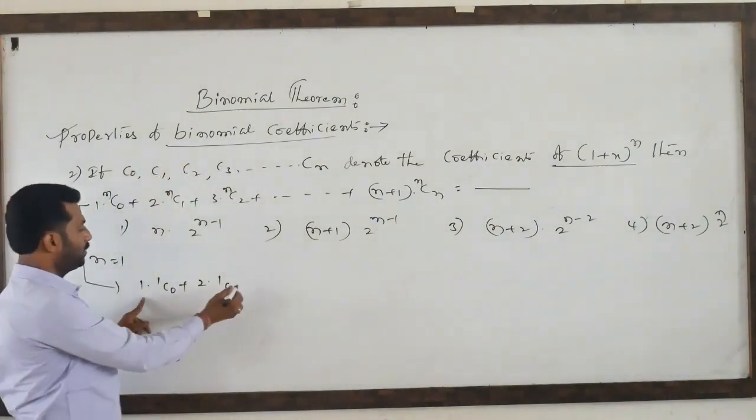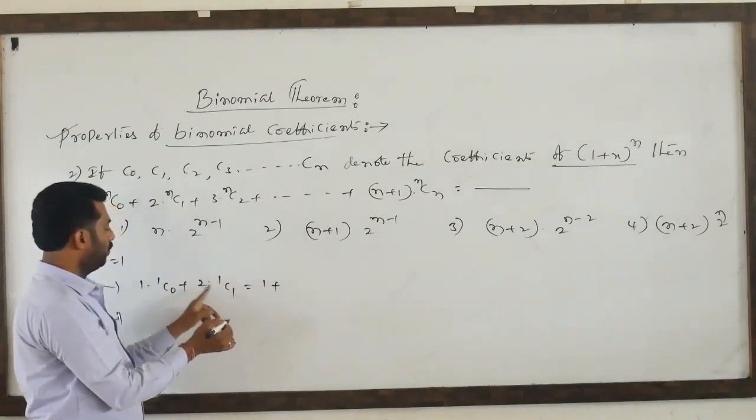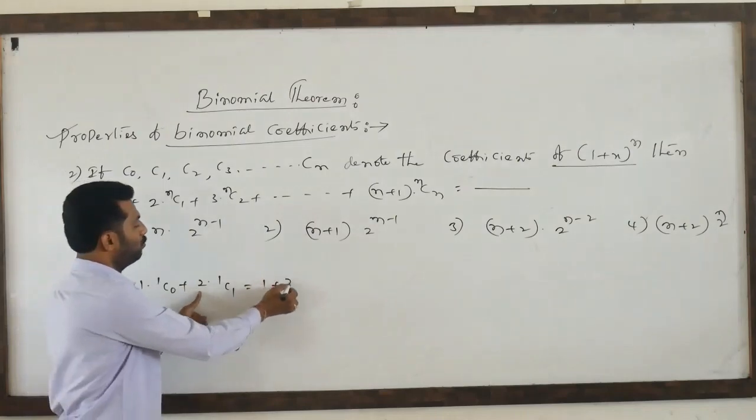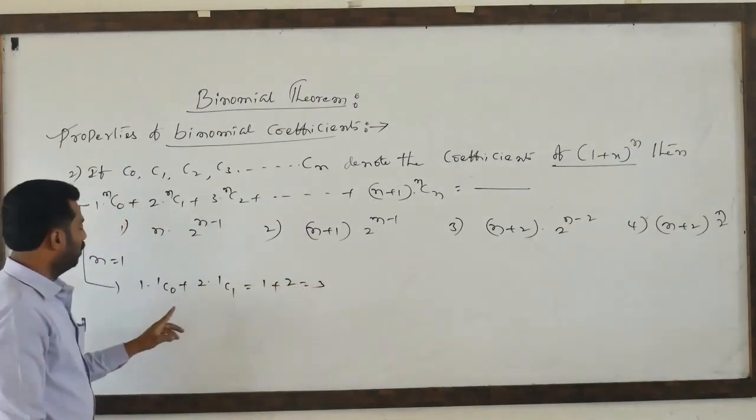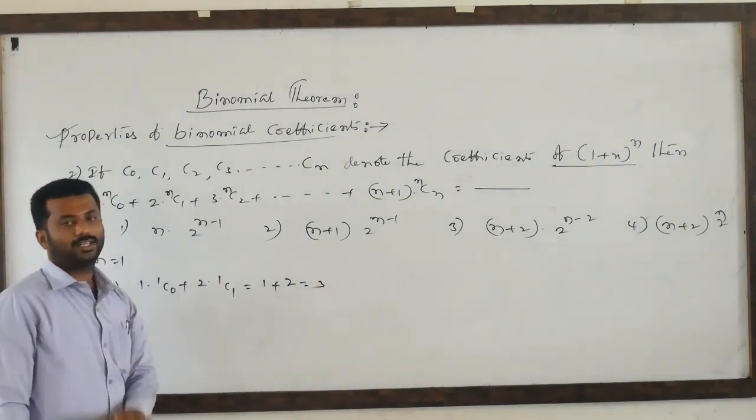So how much is it? 1C1 means 1, 1C0 is 1, so this is 1 plus 2. How much is it? 3. So for n equal to 1, in the 4 options, wherever you get 3, that is the correct option.